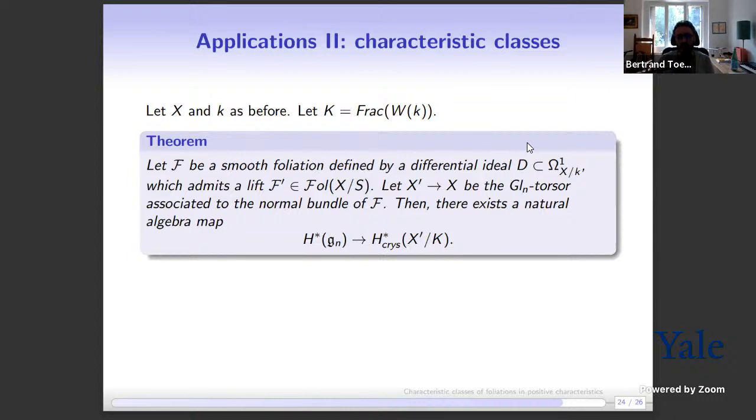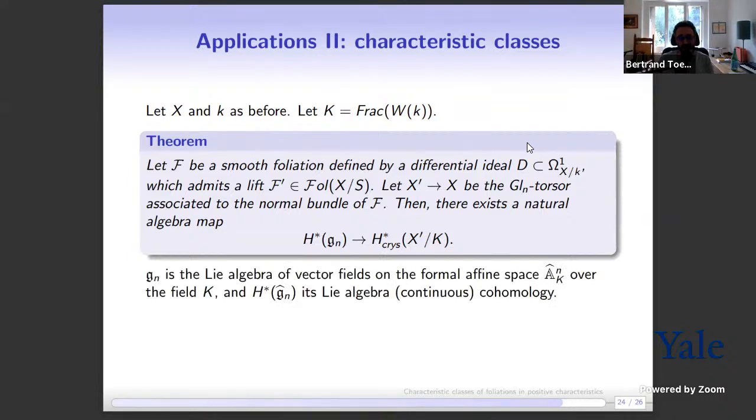It would be nice to have integral results, but the left-hand side is unclear. The left-hand side here is the usual thing, but over BK. So it's the Lie algebra of formal vector fields over K, over BK. I don't know whether there is a hat on G. It's just a continuous Lie algebra cohomology.